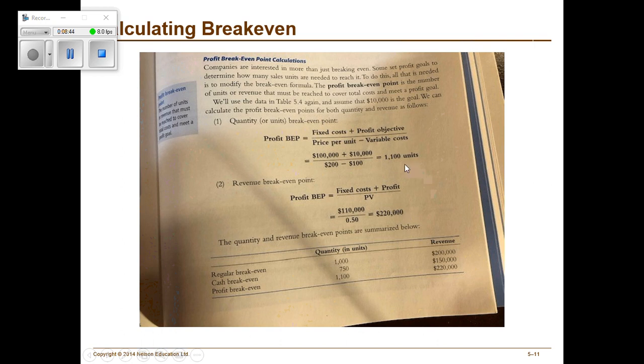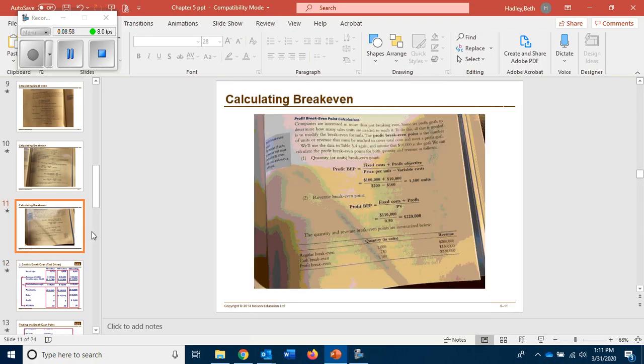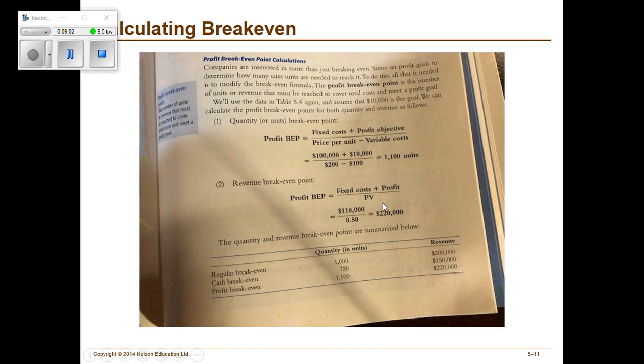That's the same thing as your 1,100 units multiplied by the selling price of $200, which gives us our 220,000.